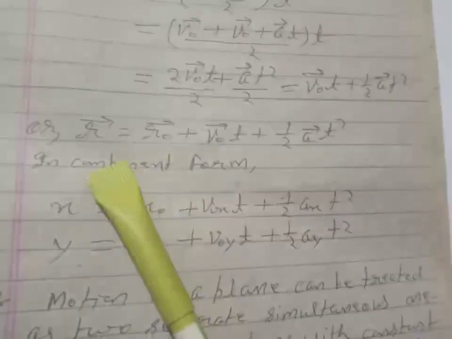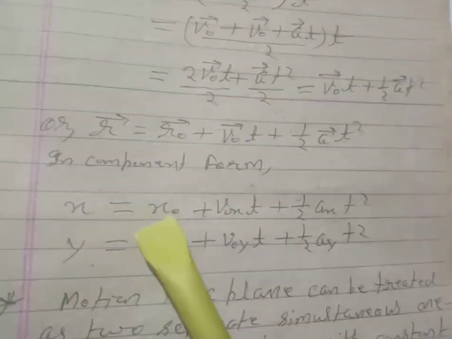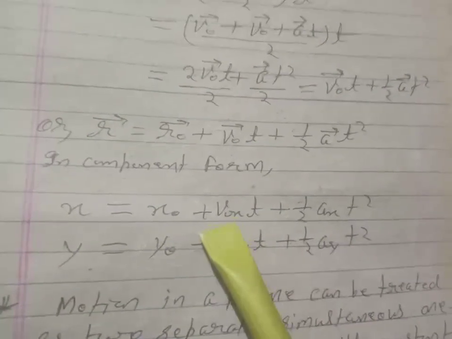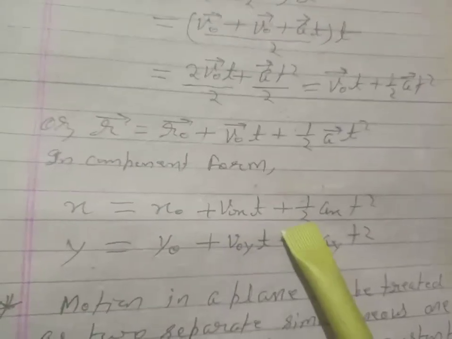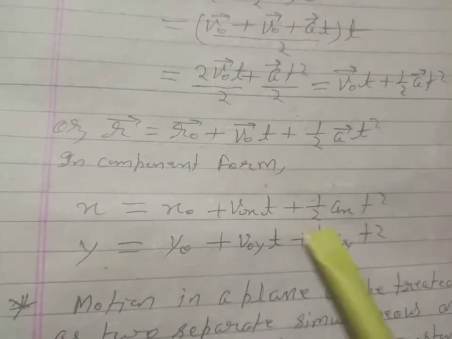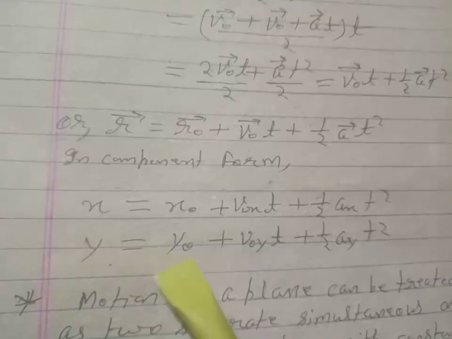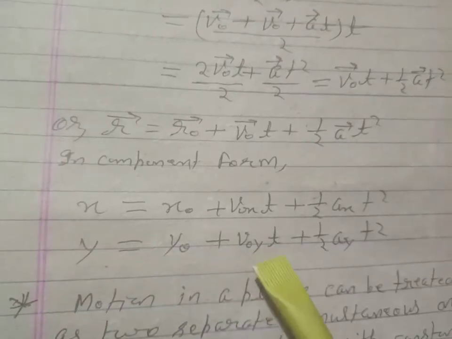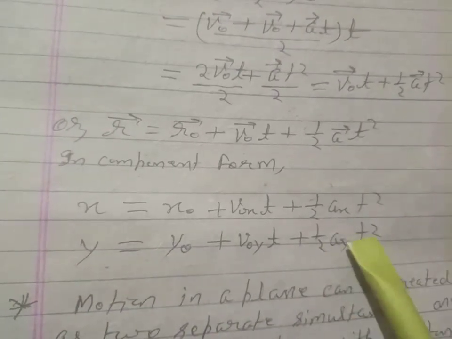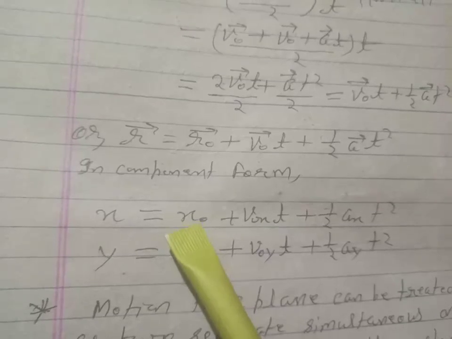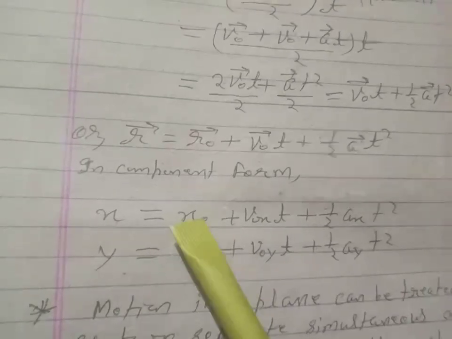Now this can be written in component form: x equals x naught plus v naught x into t plus half ax into t square, and y equals y naught plus v naught y into t plus half ay into t square. x is the final position and x naught is the initial position in the x direction.